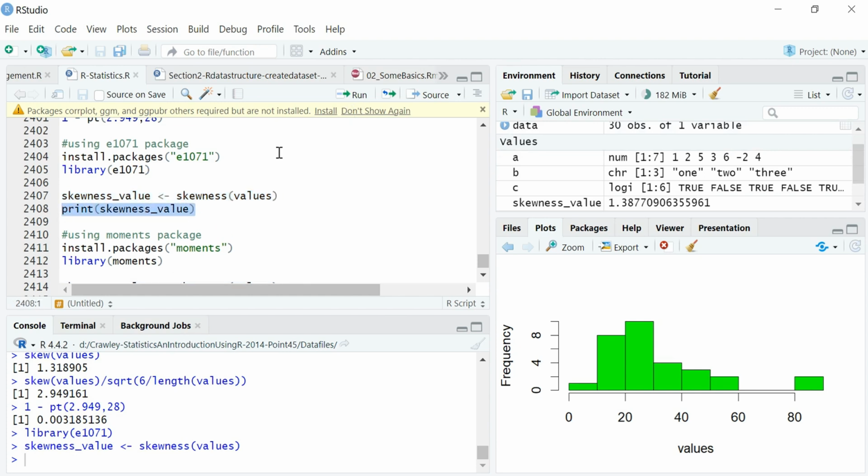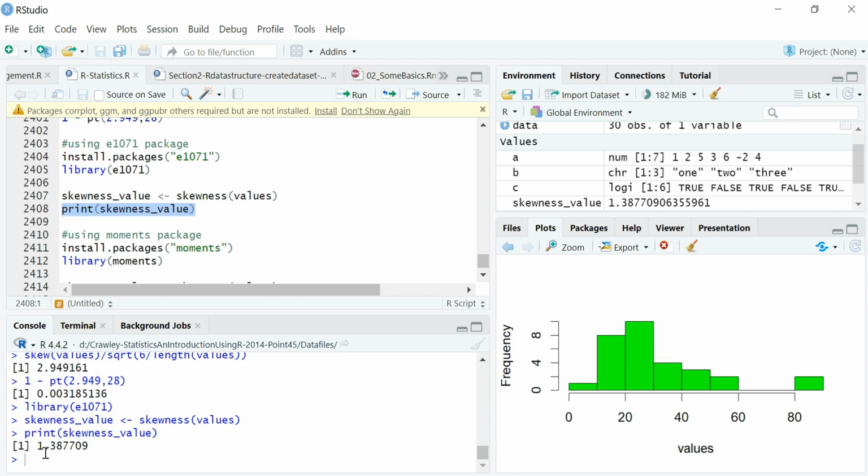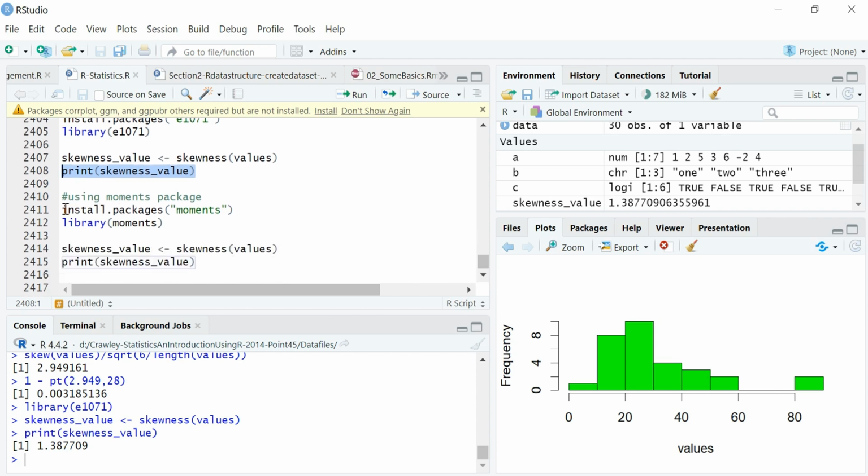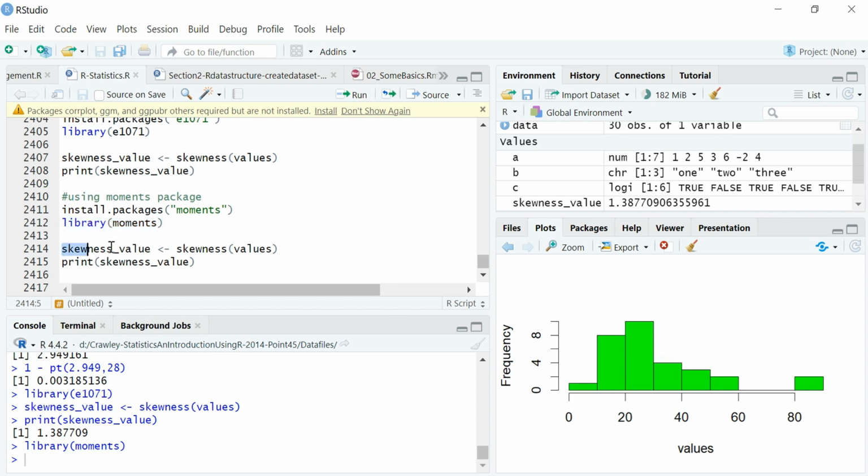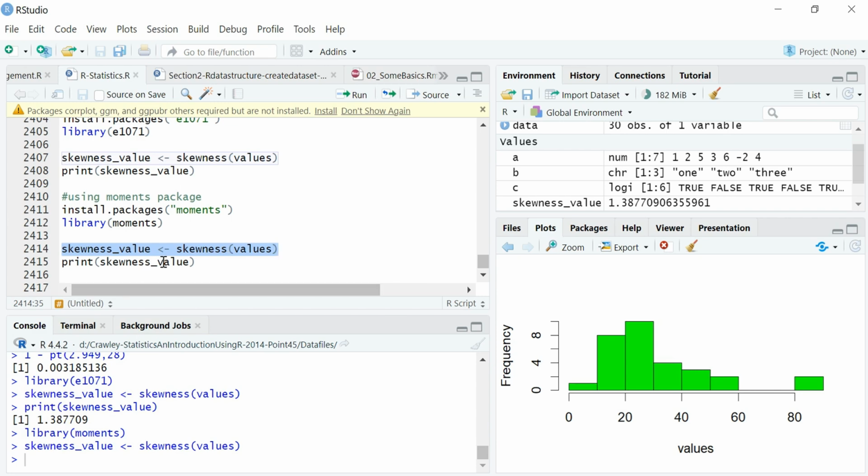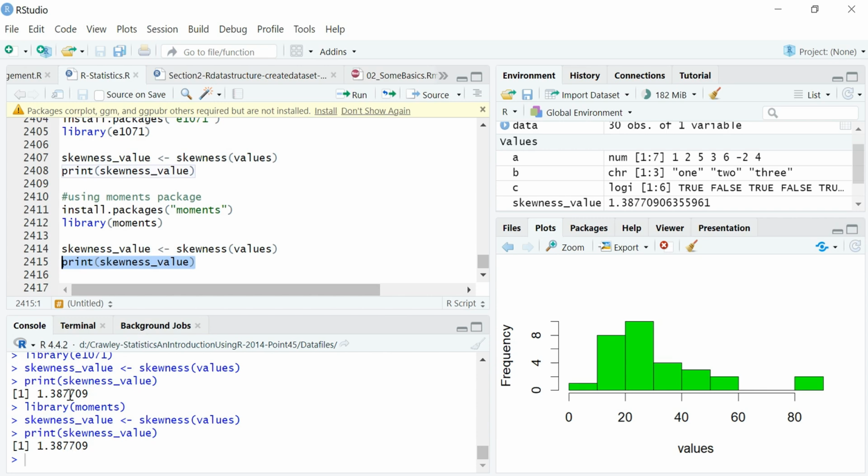I will show this value: 1.38 is quite close to what we calculated with the function we wrote ourselves. And you can also use another package called moments in R to calculate the skewness of this data. We get very similar results, actually the same for these two packages.